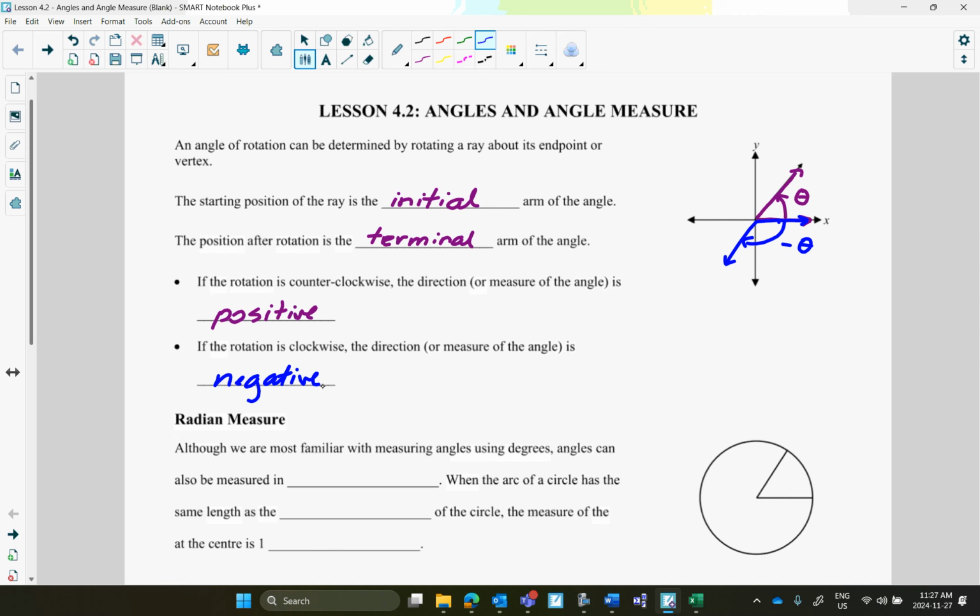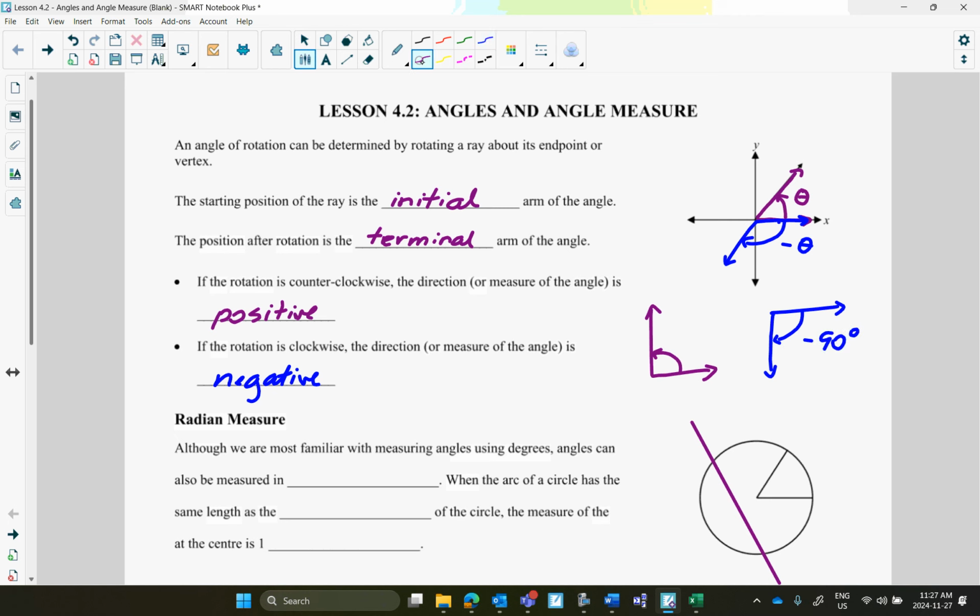And the same rules still apply. Like if I said this, how much would you say that angle measure was? 90 degrees. But if I said this, what would you say the angle measure is? Negative 90.